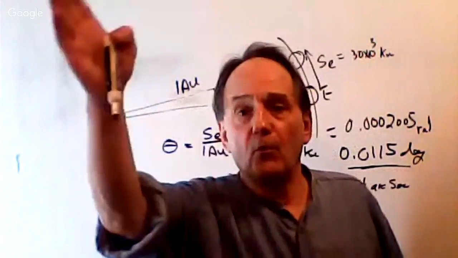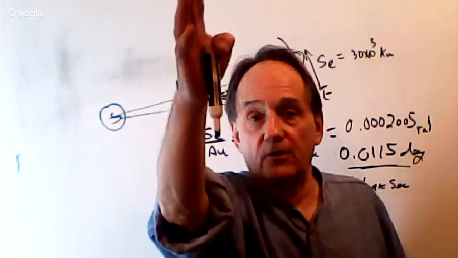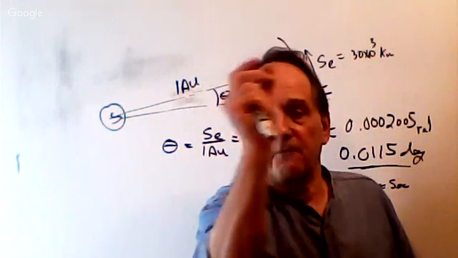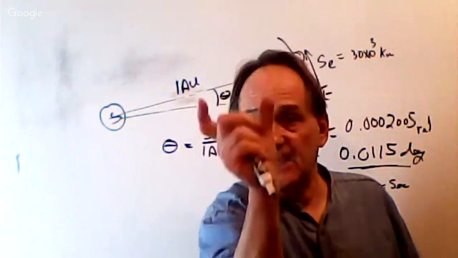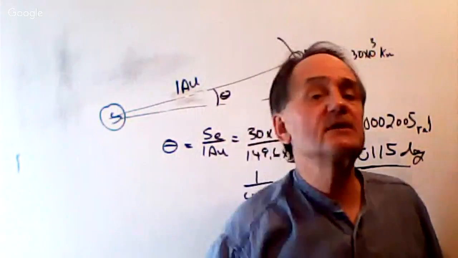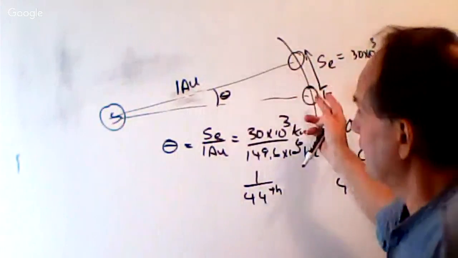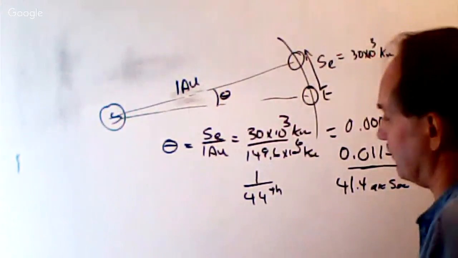If the moon were the Earth and we're the sun looking at the Earth, the moon would only move 1/44th of its angular diameter, very slightly. And that's what we have with the Earth as it moves about the sun. There's hardly any movement whatsoever.